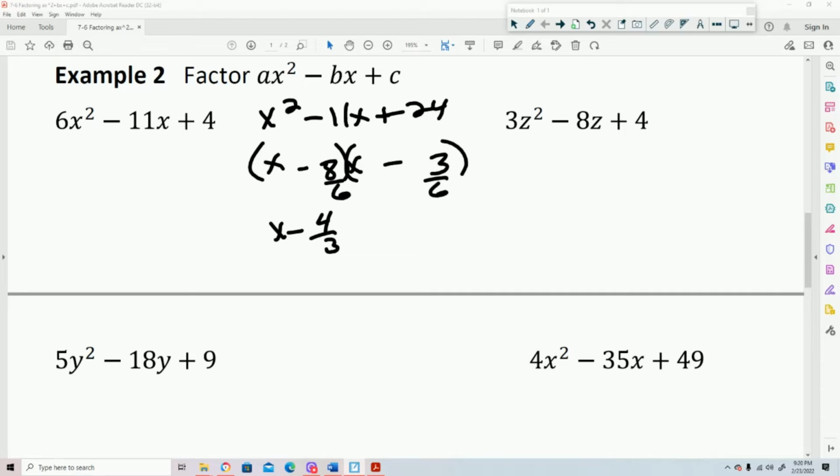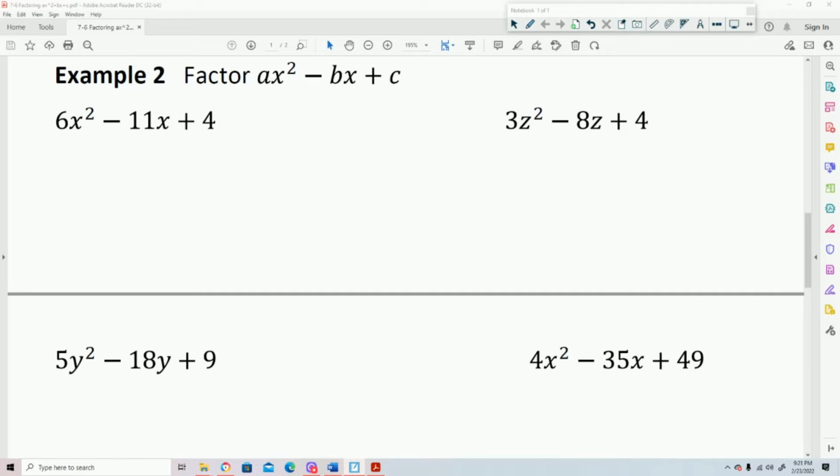And reduce that. That's 1/2. Now I'm going to bring these over to be the coefficients, and I get 3x minus 4, and I get 2x minus 1. And that should give us 6x squared minus 11x plus 4 if we were to FOIL that. Keep going.